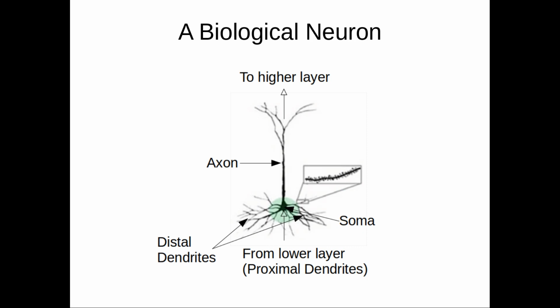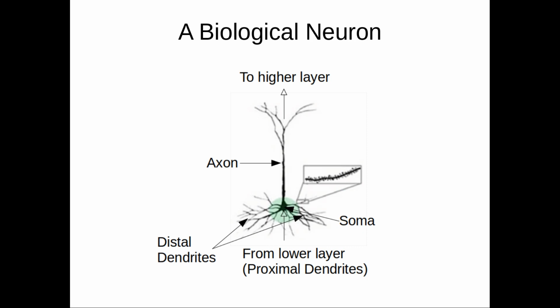This is where input from a lower layer, such as a lower layer within the neocortex or a sensory organ, arrives on what are called proximal dendrites. This is then integrated in some way and can cause a signal, also called an action potential, which will then move up the axon towards the higher layer within the neocortex.